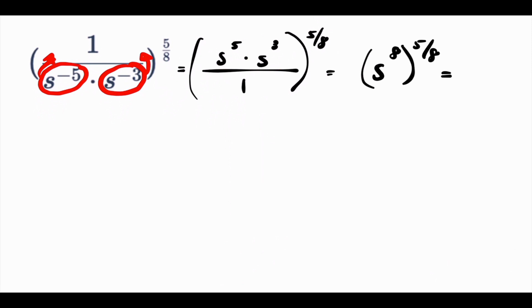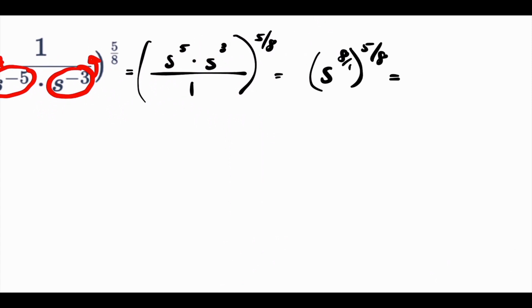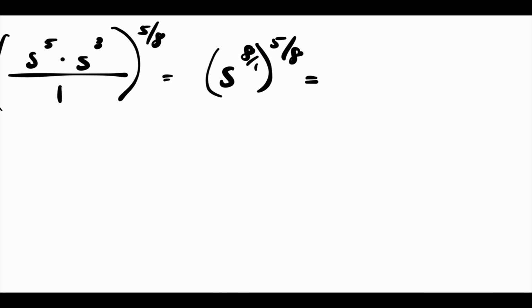So now I have s to the 8th to the 5/8 power. Multiply the powers. 8 times 5 is 40. 1 times 8 is 8. I can divide those to make 5.